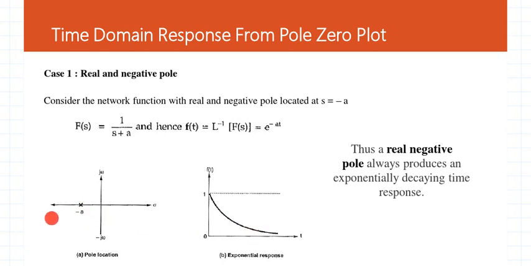Hence, whenever the poles lie on the left half of the S-plane, the output is stable in nature. Thus, a real negative pole always produces an exponentially decaying time response, and it also satisfies the principle that poles on the left half of the S-plane result in a stable system.